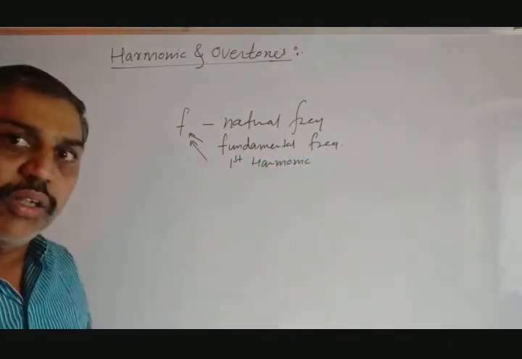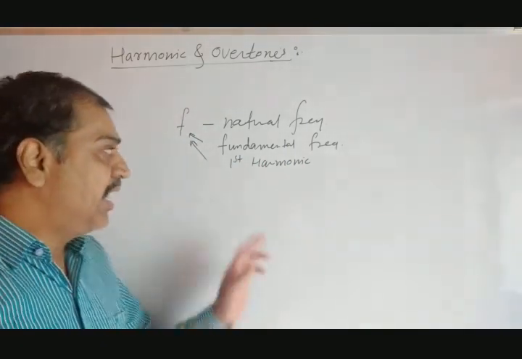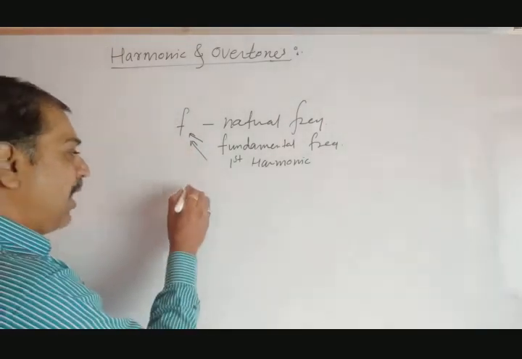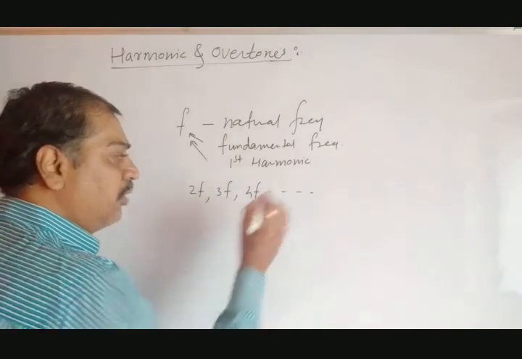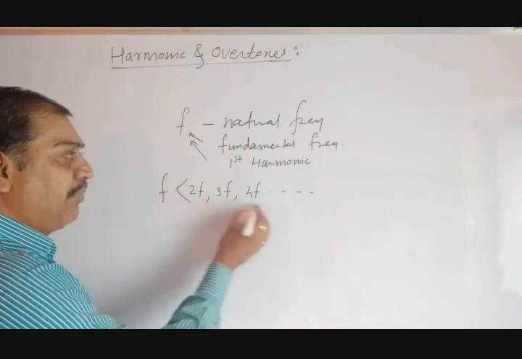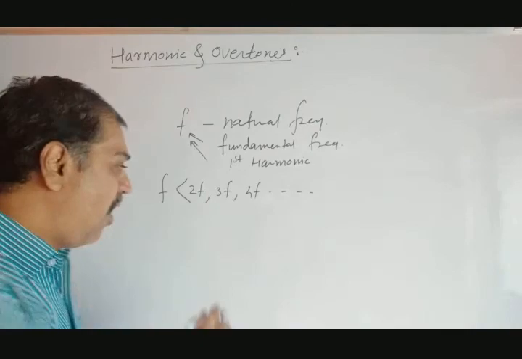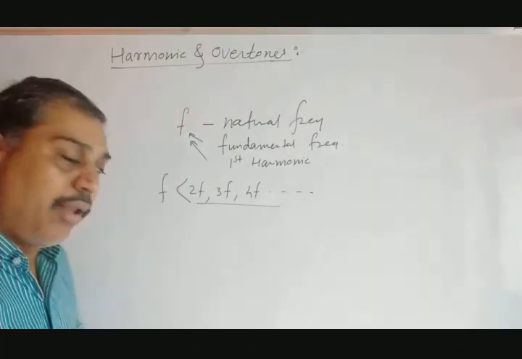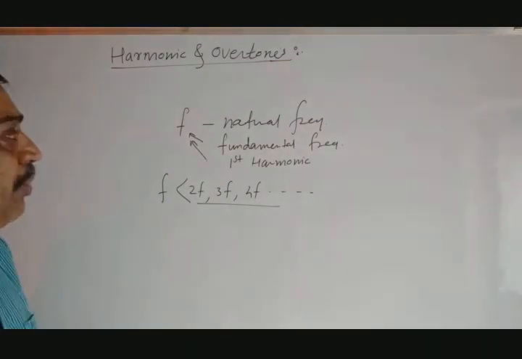And all other frequencies which are integral multiples of this F, twice F, thrice F, 4F, and so on, are all frequencies greater than the fundamental frequency. These higher frequencies which are integral multiples of the fundamental frequency are said to be harmonics.